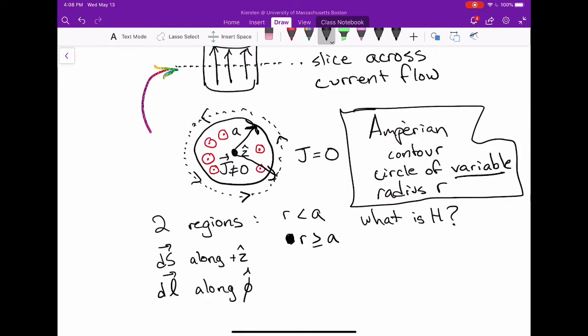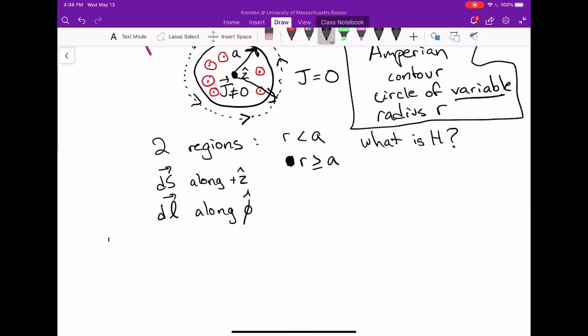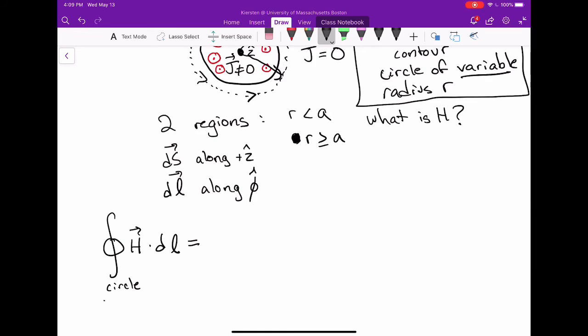With all that in mind, we can actually set up our integral now. So on the left-hand side, we've got the closed contour integral of H dot dl. Now H, we've said, only depends on r, and we're going to fix r along a circle of radius r. So that's going to be the integral from 0 to 2 pi of phi.